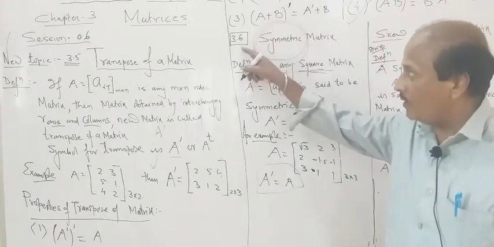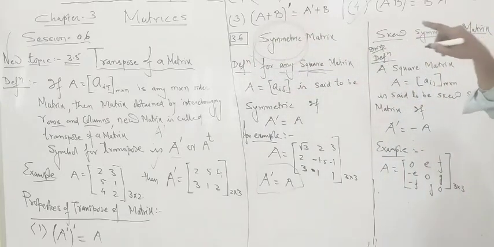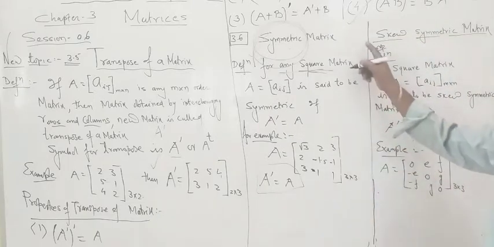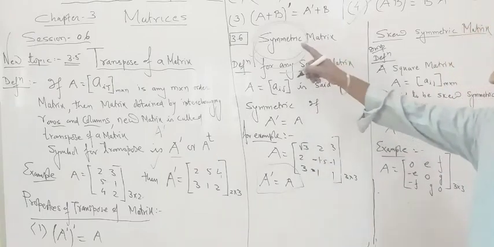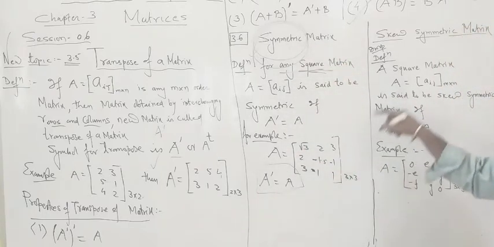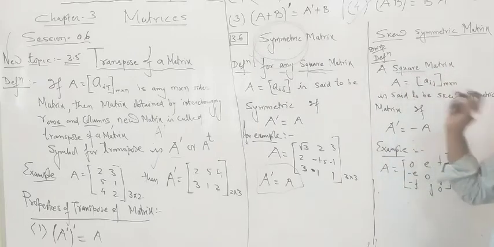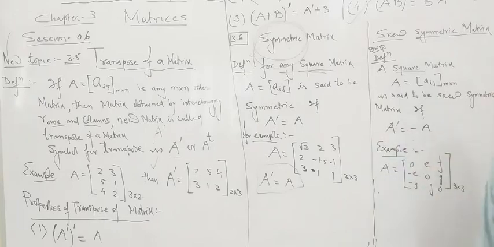In the same article, article 3.6, one more very important topic, and again this type of question always comes in a board exam as well as in a competitive exam. Skew symmetric matrix. It's just like a modified form of symmetric matrix. If again a square matrix is there and you are finding the transpose, then A dash will be equal to minus A. What does it mean?